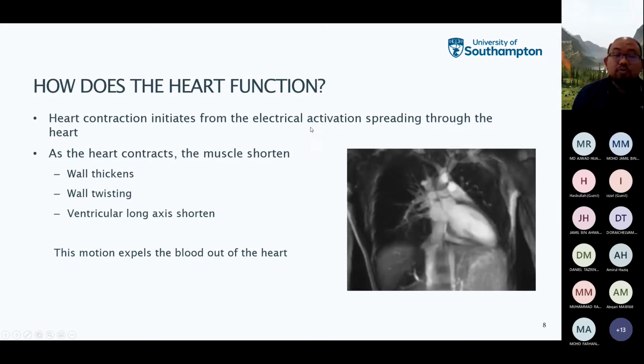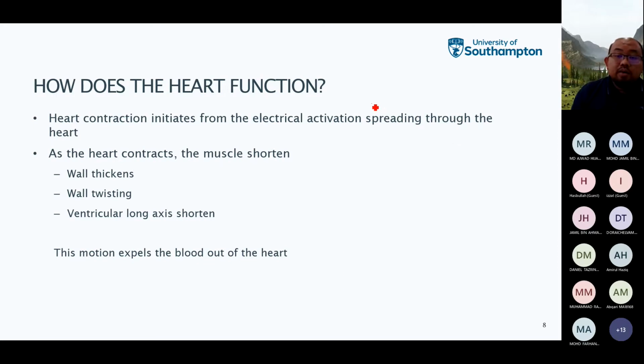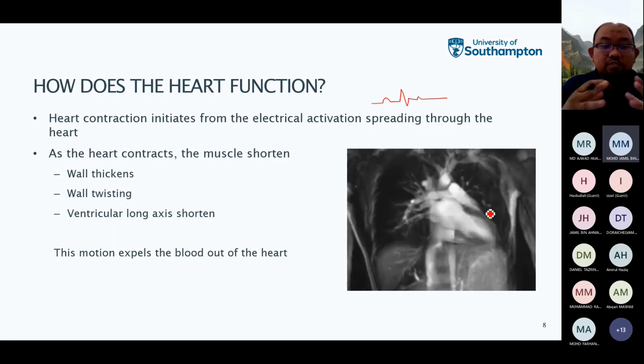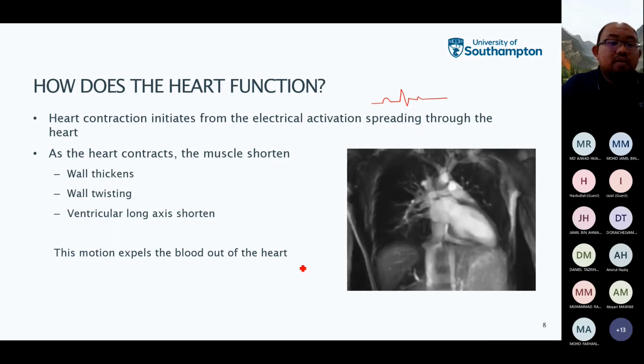Just now I told you, technically we can measure the ECG signal. That ECG signal arises because of the electrical activity within the heart. Typically it starts at one point at the right atrium, and then that electrical activation spreads quickly through the heart, and as it spreads, the muscle will contract.